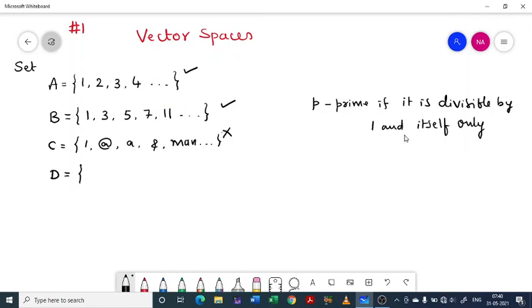I'll take the entries to be mask, which you are all aware of, sanitizer, stay home, quarantine, etc. Now the question is, does it form a set?